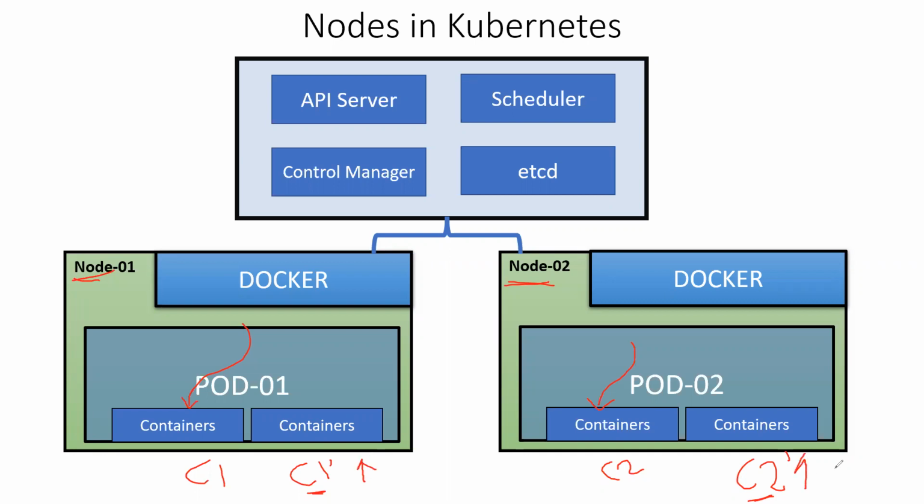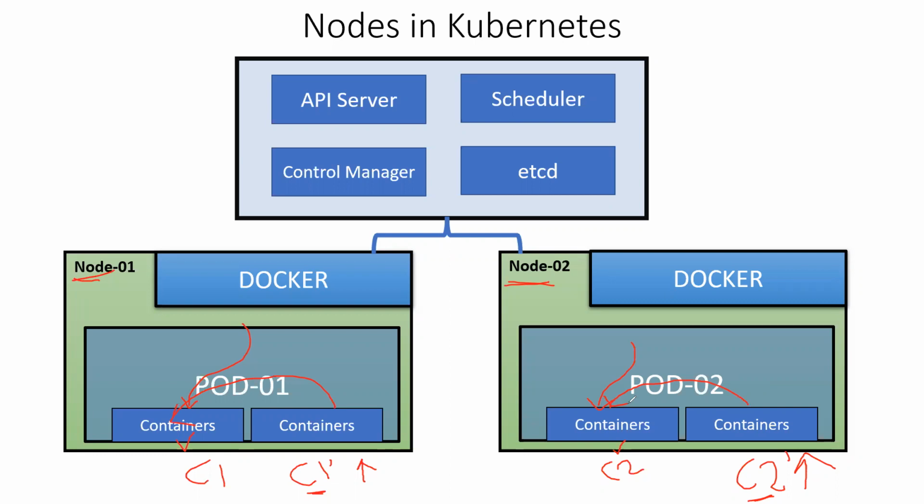C2 prime started to use more resources like RAM. It is affecting the C1 container and C2 container very much. And I have also come to notice that this is completely taking all the resources away from C2, because there is no one to govern them. Govern means no one is responsible to guard them.